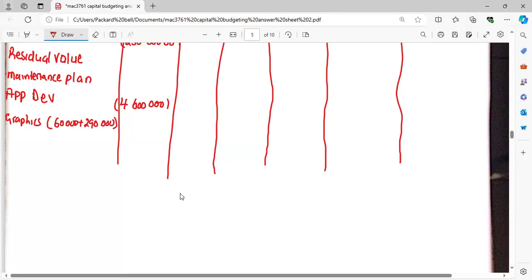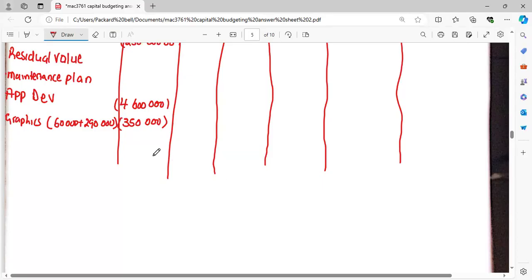It's going to give us how much there? 350,000. So this one is going to be 350,000. It's also capital expenditure.